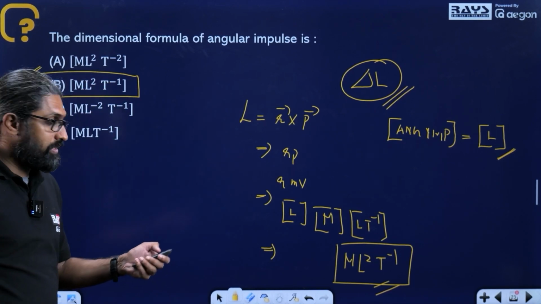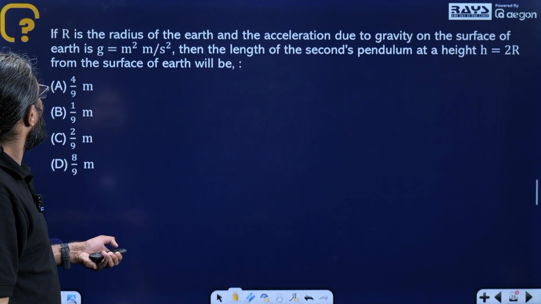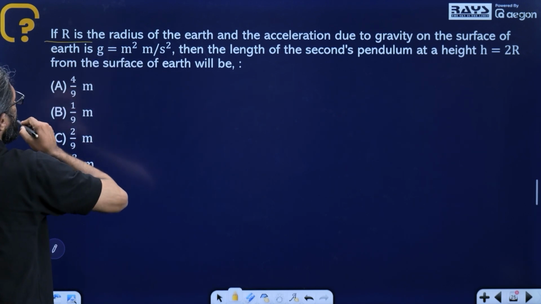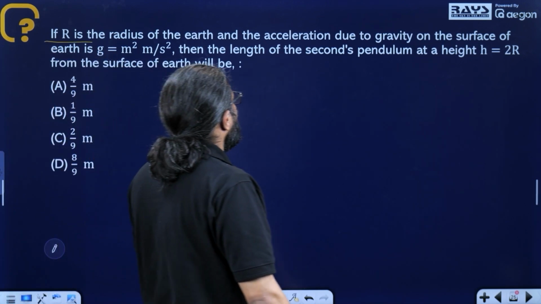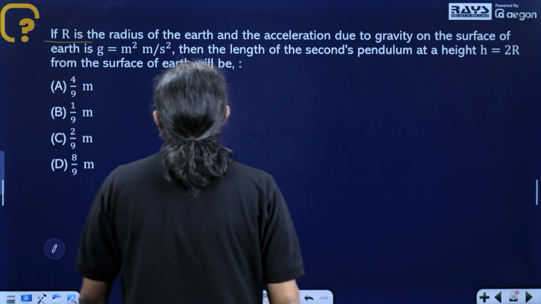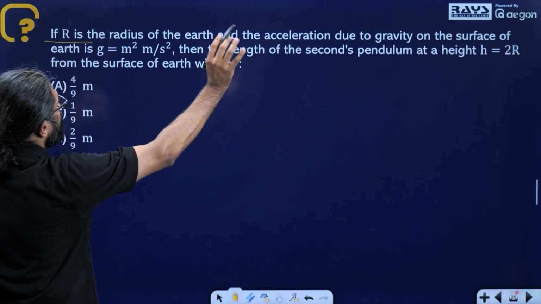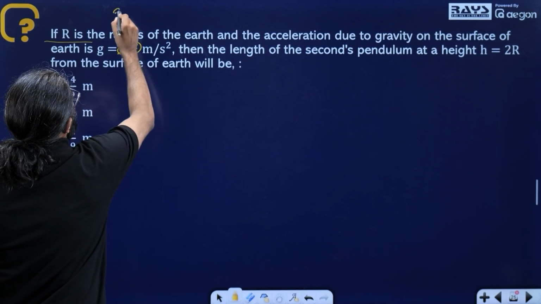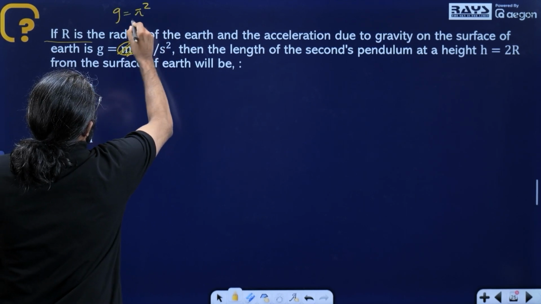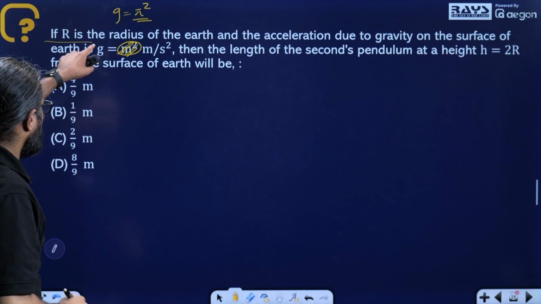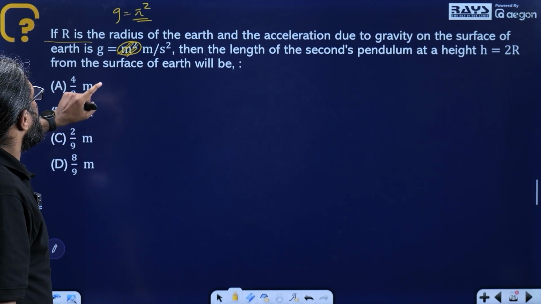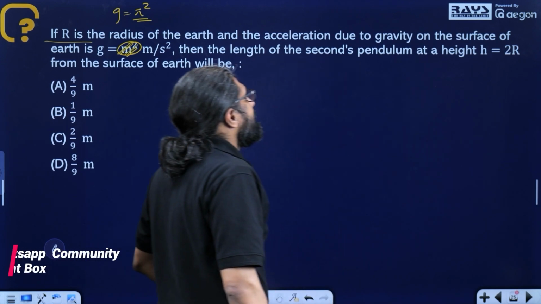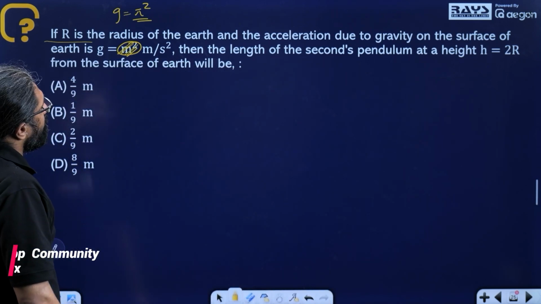We'll now move on to the next question, which says, if R is the radius of the earth and the acceleration due to gravity on the surface of the earth is G is equal to, it is not M square in fact, take G as pi square, alright? That is what is mentioned in the question. So if G is pi square, then the length of the second pendulum at a height h equal to 2r from the surface of the earth will be.